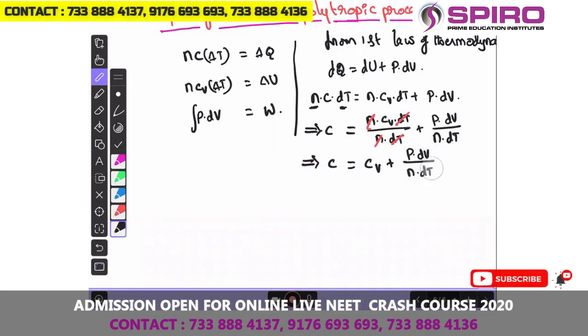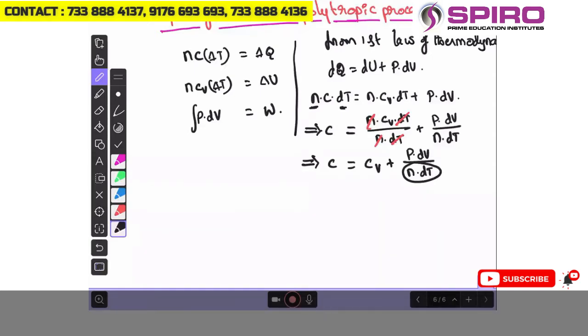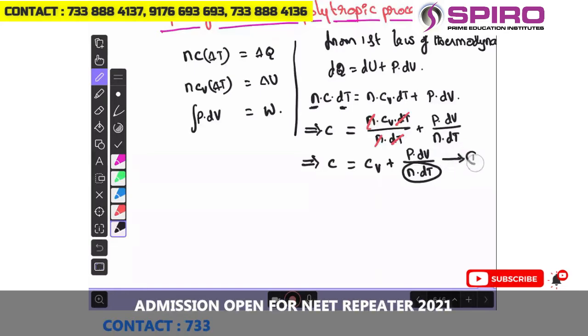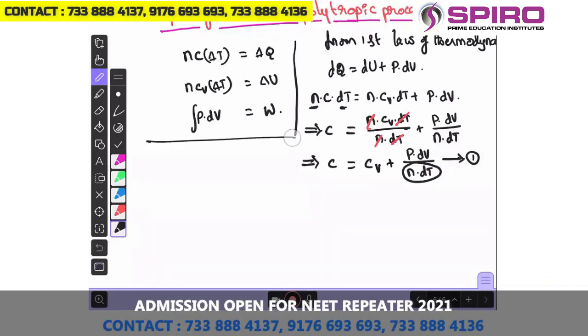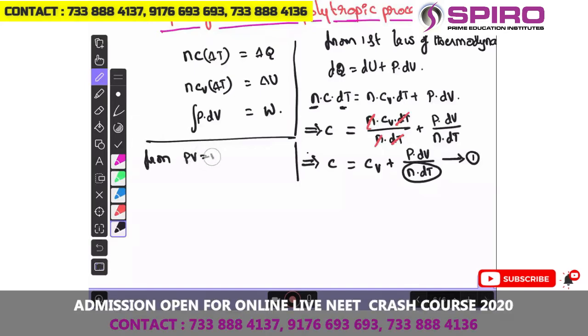The value of n dT let us obtain from the ideal gas equation. Let me say this is equation number 1. Now let me go for the ideal gas equation. From the ideal gas equation, PV equal to nRT. Let us differentiate this.